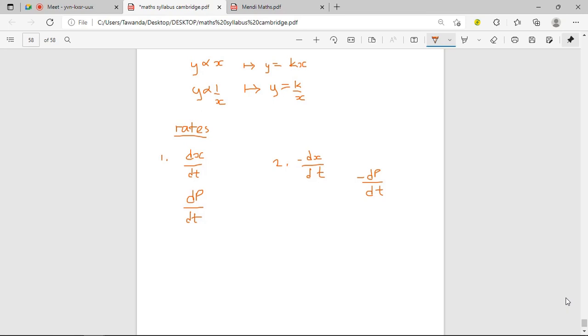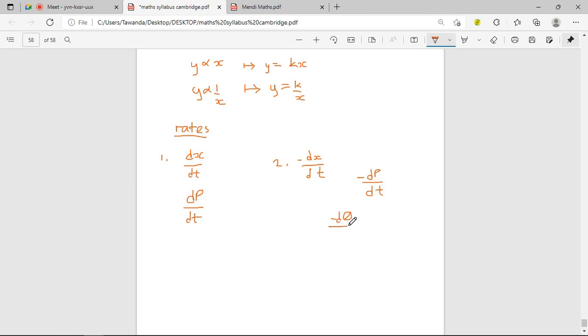Also on the negative side, sometimes you'll be given a scenario whereby you have a hot body which is allowed to cool down. The moment the temperature decreases, say our temperature is theta, it will be d theta over dt.